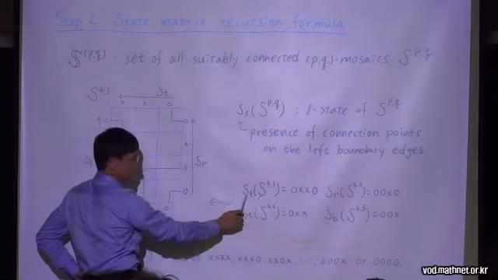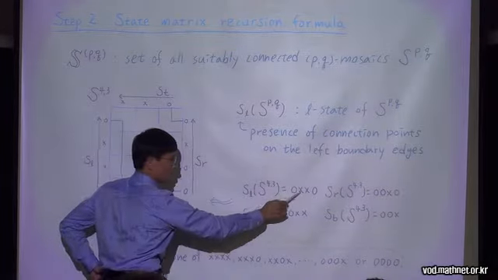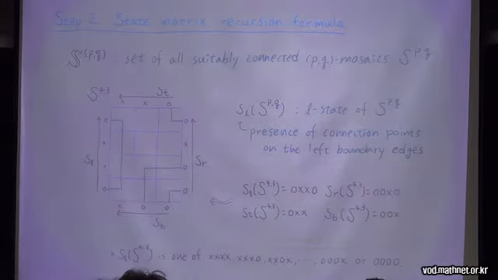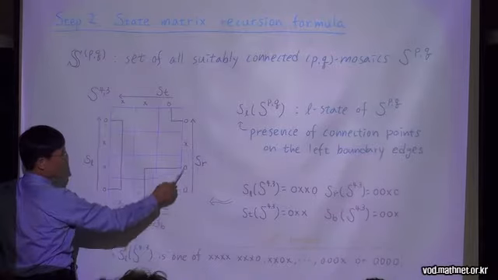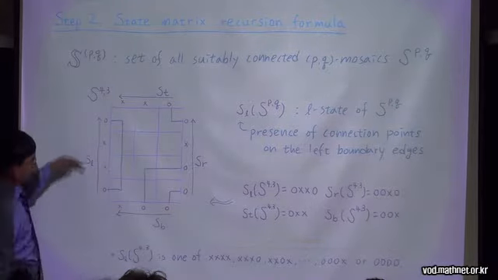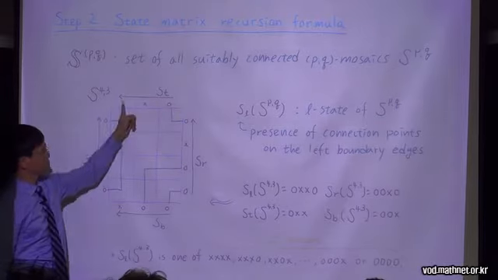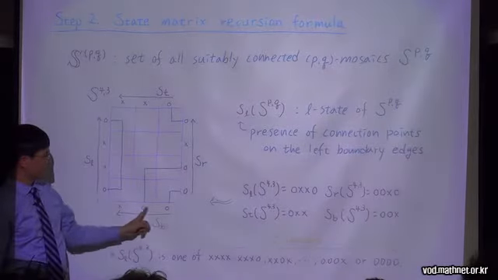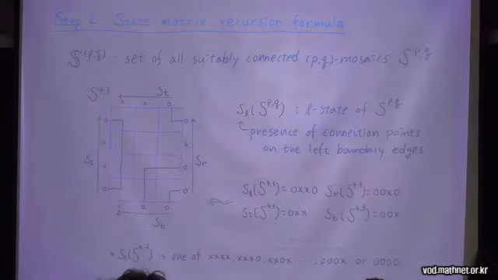So the left state of S43, this mosaic, is OXXO. And this one is for the right state: OXO. And for the top state, from the right to the left: OXX. And for the bottom, OX.